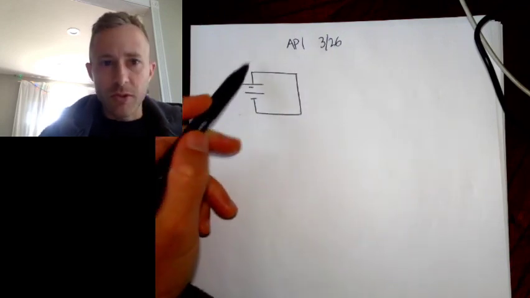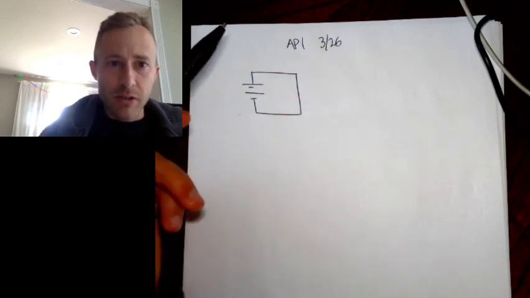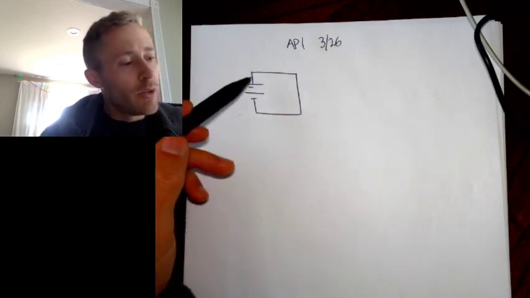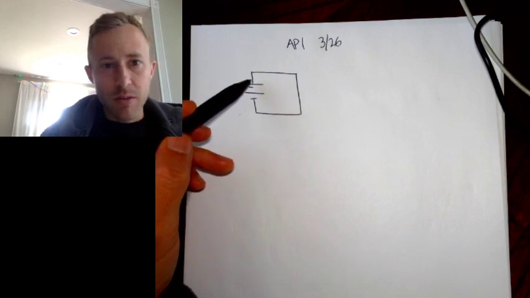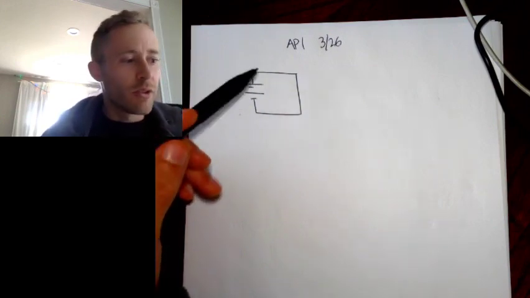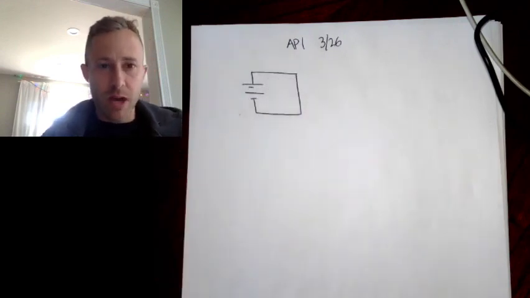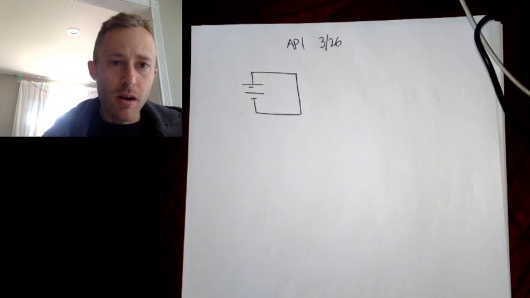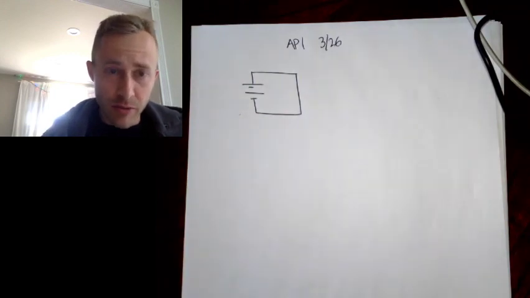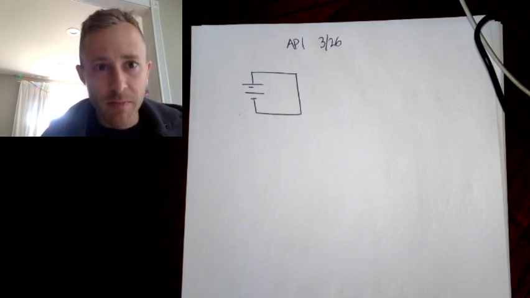It's just short-circuited. We would say the battery is short-circuited. Yesterday, we talked about the fact that wires actually have resistance. And so this would actually limit the amount of current that flows through the battery. But it turns out that there's another limiting factor on the current, which is the battery itself.